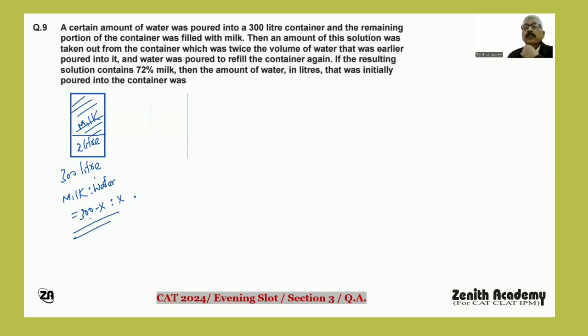Then an amount of this solution was taken out from the container, which was twice the volume of the water that was earlier poured into it. X liters of water you poured in it. Now, you took out 2x liters of mixture of milk and water from this container. Suppose this is another small container and the quantity is 2x liters.